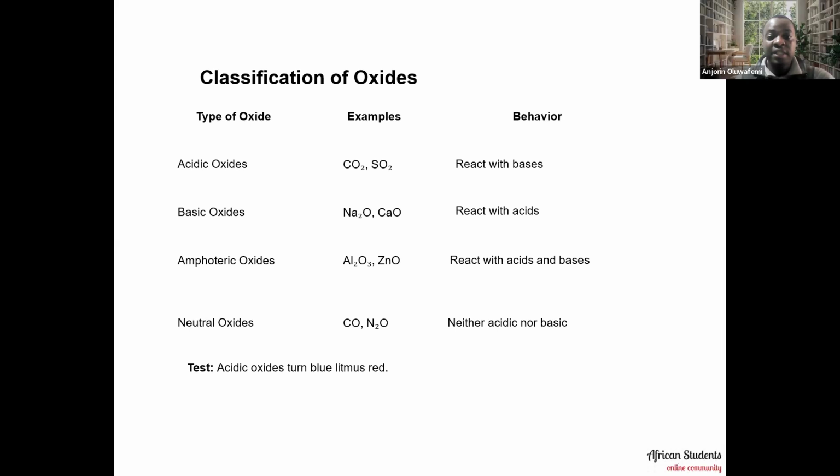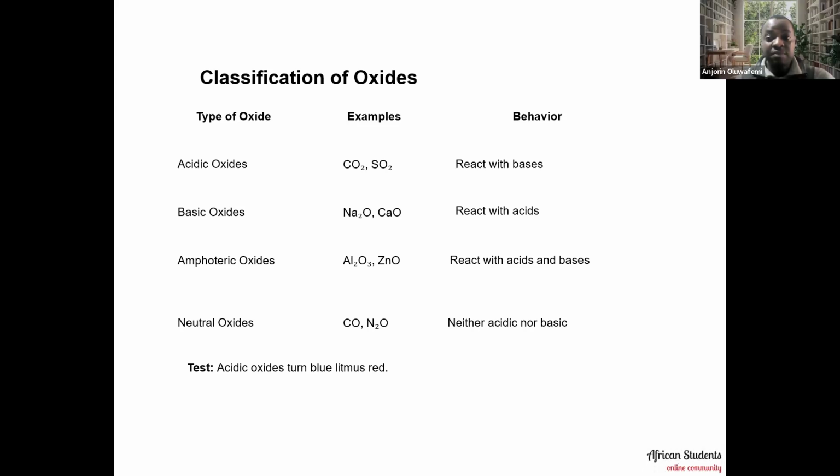For acidic oxides, examples include CO2 and SO2, carbon dioxide and sulfur dioxide, and basically they react with bases. And for basic oxides, you have oxides of sodium and oxides of calcium, and these also react with acid. Then we have amphoteric oxides like oxides of aluminum and oxides of zinc.